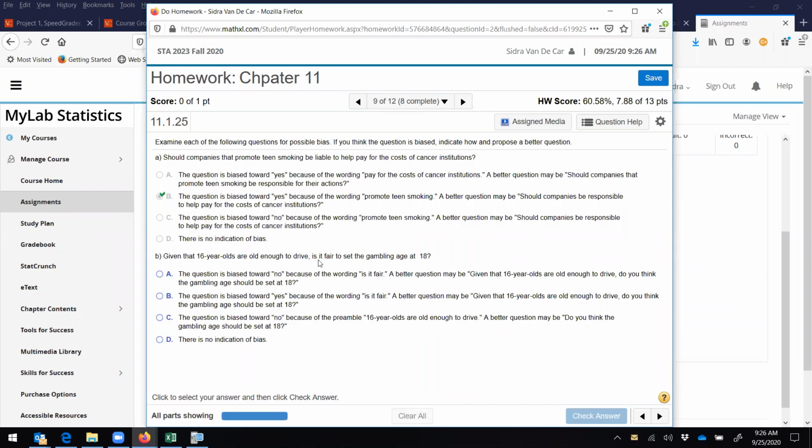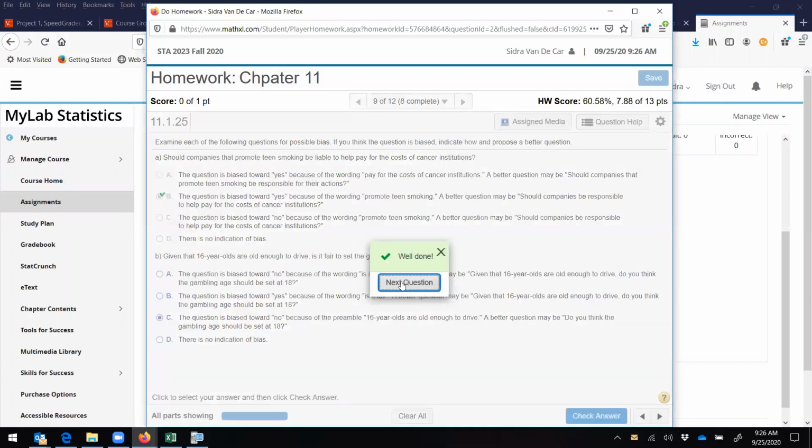Given that 16-year-olds are old enough to drive, is it fair to set the gambling age at 18? The question is biased towards no because of the preamble, 16-year-olds are old enough to drive. You're setting them up. If they're old enough to drive, then they're old enough to gamble.